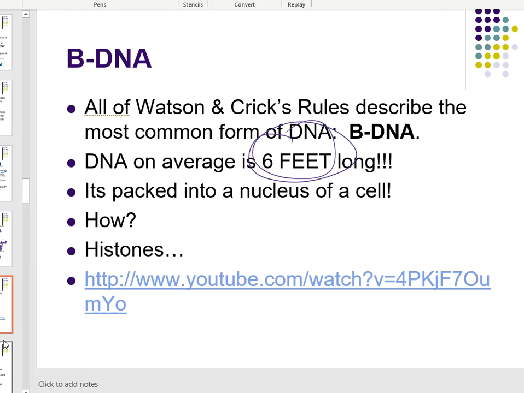So this 6-foot molecule has to be wound up as tightly as possible inside of the cells that carry it. Just imagine how tiny a cell is. We're going to take this 6-foot-long molecule, wrap it up, bunch it together, and cram it into your cells, which will probably have more than just DNA inside of them.